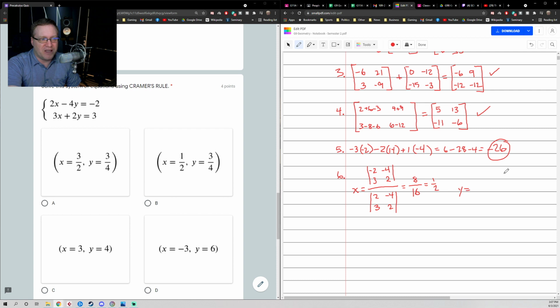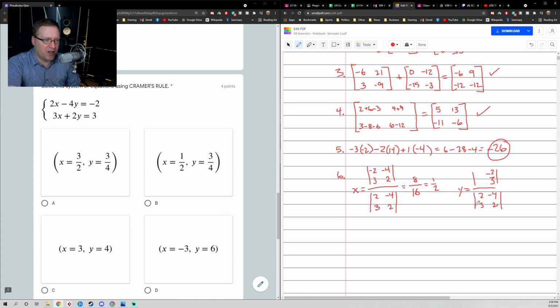How do we find the y coordinate? Well, it's the same. 2 over 3, -4 over 2 on the bottom. And on the top, we're going to write this one again, but now we're going to replace the y column. All right, so -2, 3 is going to go in the y column.